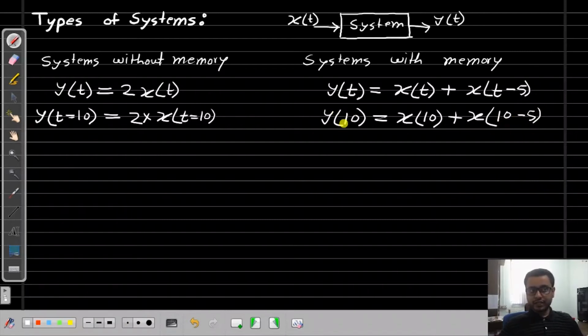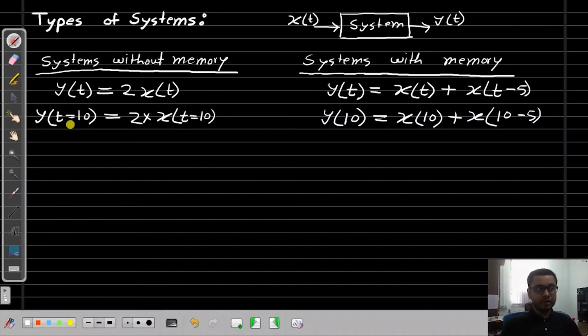So, to calculate the output at 10 seconds, I also need the input of a previous, past time. This type of system is called a system with memory because it needs to remember inputs at a different time than the current time. But this type of system is called a system without memory because to calculate the output at any time, I do not need to remember the input at any other time.